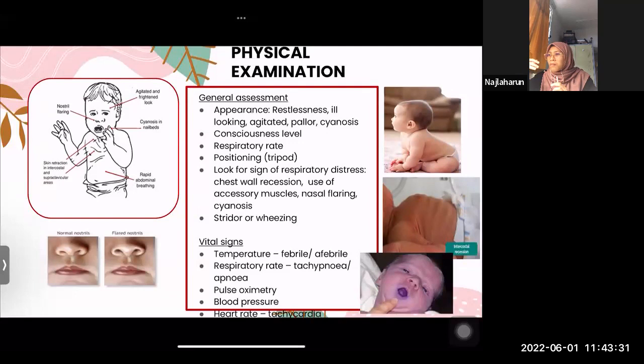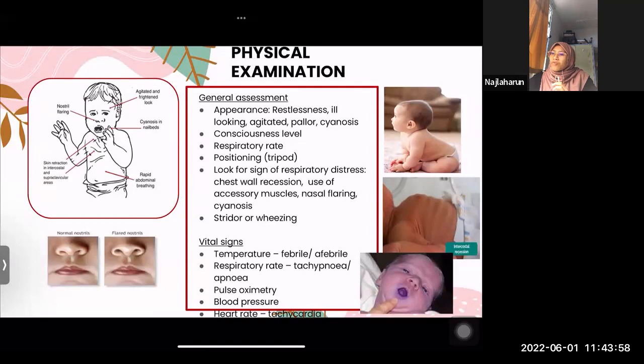For cyanosis, you need to see whether it's peripheral or central, and then look for the consciousness level. Count the respiratory rate, and look for the position of the patient. Sometimes the child is in tripod position, like in the picture, where they are trying to get more air.